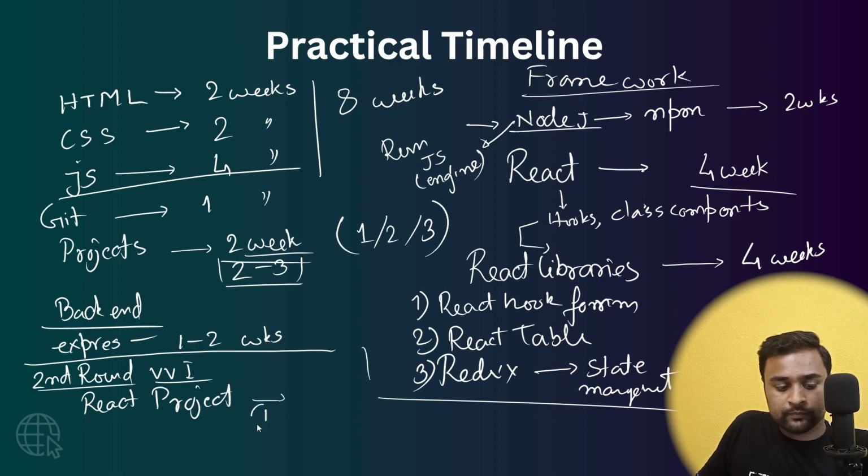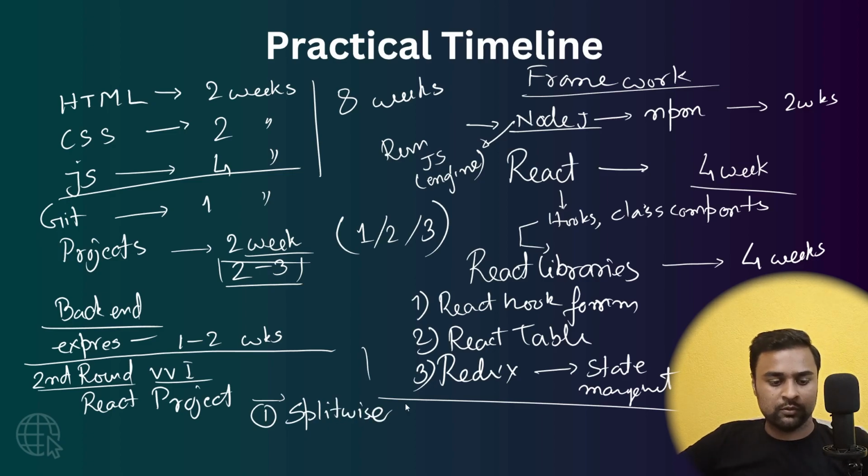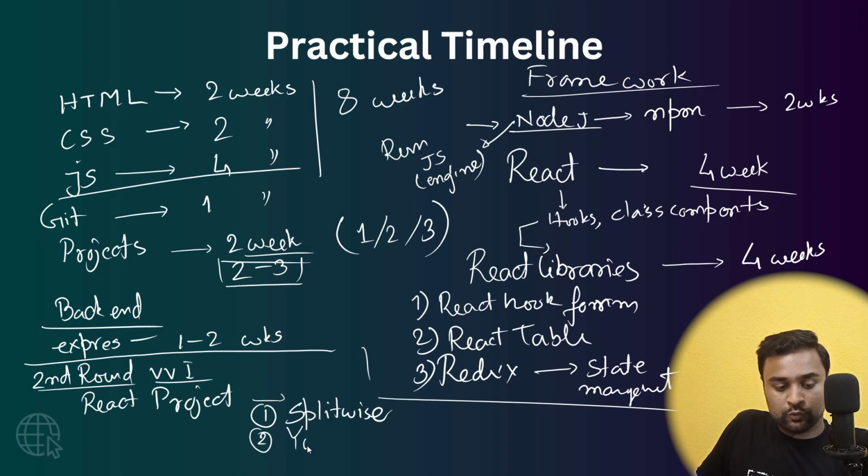What you can build, you can create something like Splitwise. You know what Splitwise is? Splitwise is an application where users can go on a trip, maybe 2 to 3 users or more, and they can split their bill, so it maintains all the hisab, all the accounts actually. Then second, you can create some proper clones like a YouTube clone using the backend also, because now you are kind of a full stack developer.